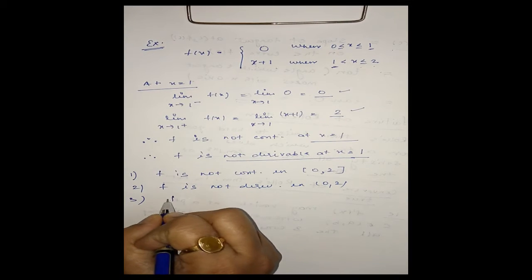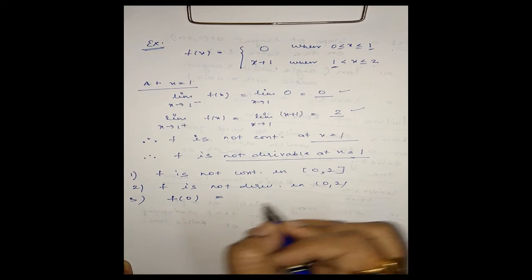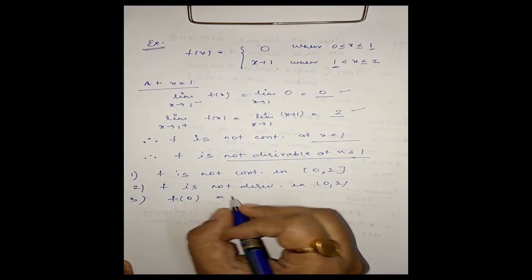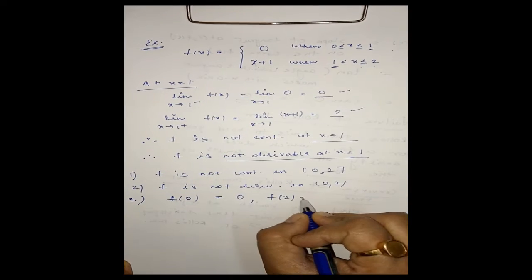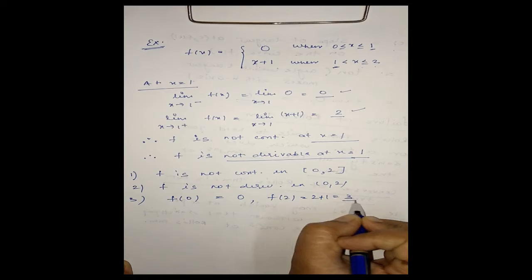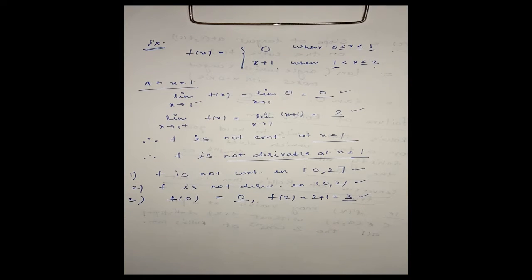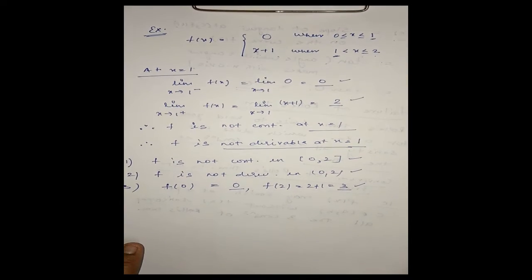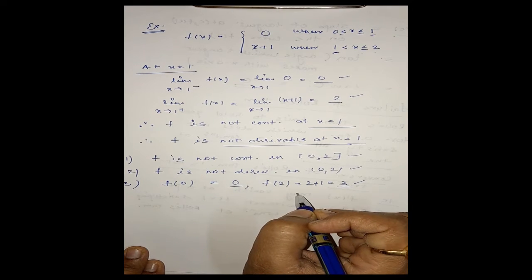And third, f of 0 is by definition 0, and f of 2 is by definition 2 plus 1, that is 3. So all three conditions of Rolle's theorem are not satisfied here.